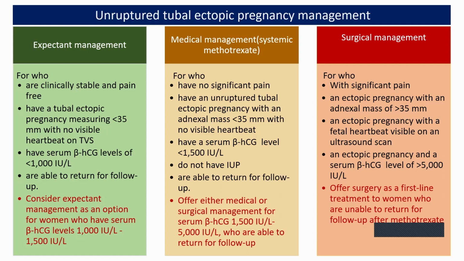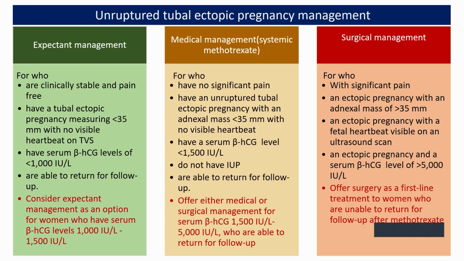If it is dropping, then we can do weekly serum beta HCG values until it becomes negative, which is less than 20 international units per liter. And the good thing about expectant management is that because we are not doing a surgical management, the surgical morbidity and mortality and the anesthetic complications are less, and the damage to the tube is minimal.